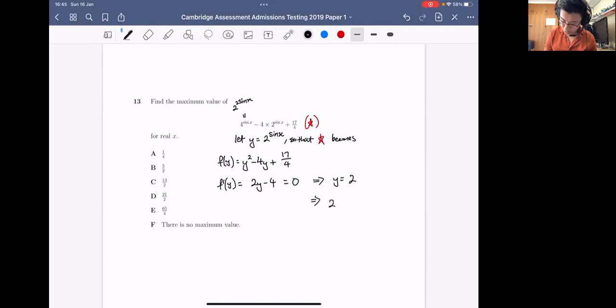But then that means 2 to the sine x is equal to 2. So now this is 2 to the 1, so that sine x is equal to 1. But there are no values here.